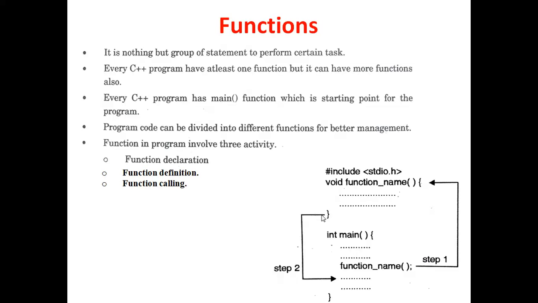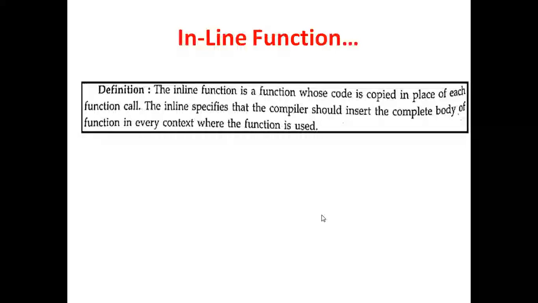Now we'll see one more type, that is the inline function. An inline function is a function whose code is copied in place of each function call. The inline keyword specifies that the compiler should insert the complete body of the function in every context where the function is used.